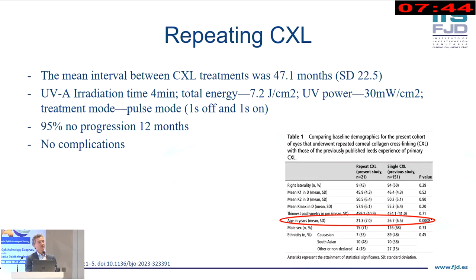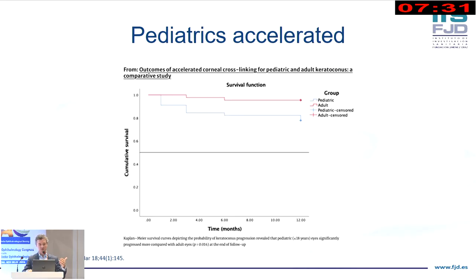But we know that the main risk factor for repeating crosslink is age. Younger patients tend to need crosslinking done more times. We also know that adults and pediatric patients do not respond to accelerated crosslinking in the same way.